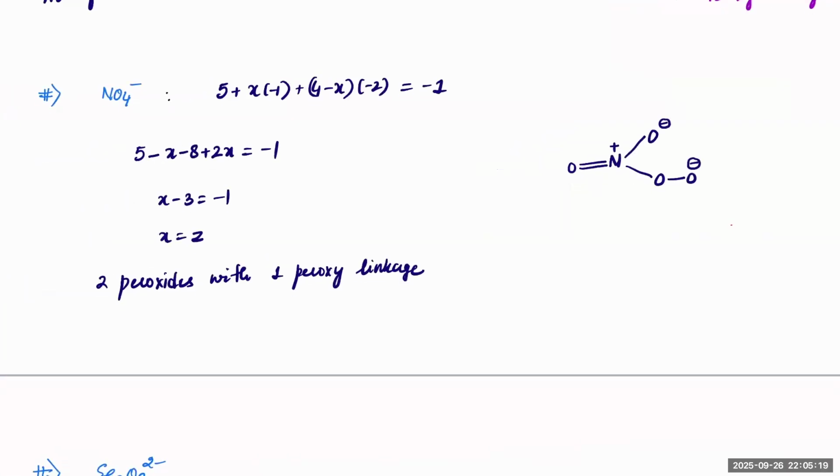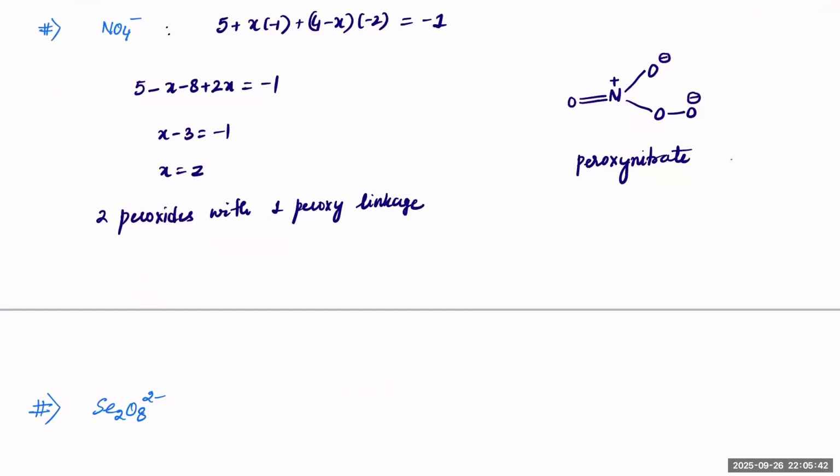This is the structure of NO4 minus, okay, known as peroxynitrate. This is peroxynitrate. I guess all of you have got that, right?